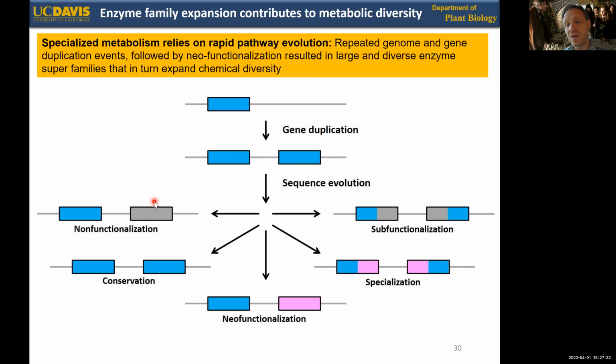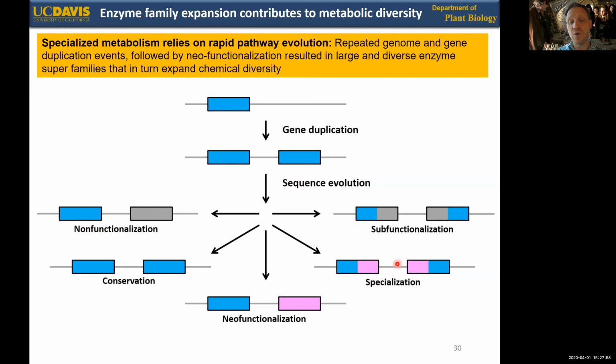We actually see this regularly in specialized metabolism, that you have a mutation that simply causes, at least temporarily, a dead enzyme. You can have subfunctionalization or specialization. This is probably the most common one, where you either have lost or gained additional functionalities, or you have new substrate or product specificities or catalytic specificities in terms of mechanism occurring.